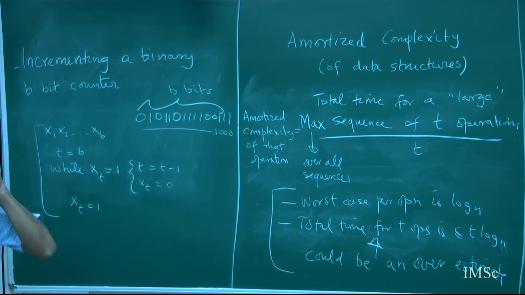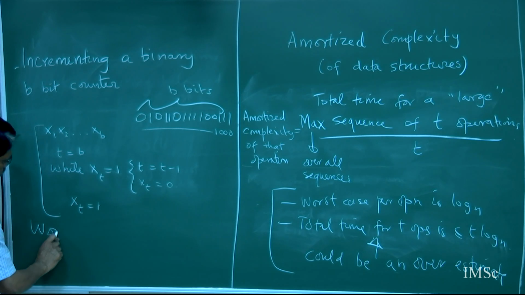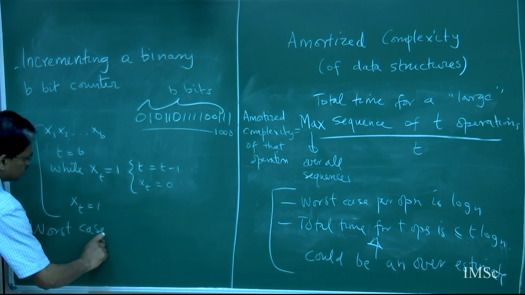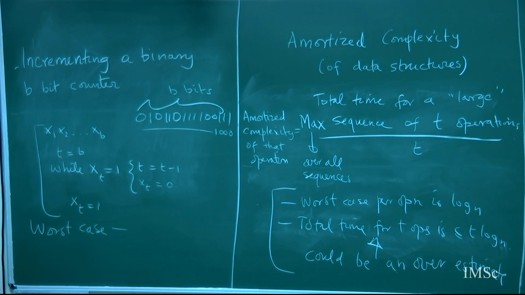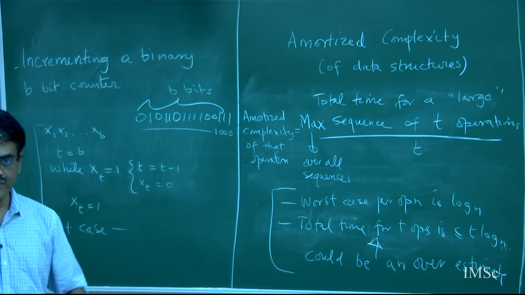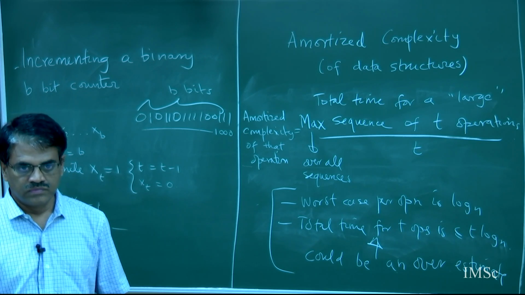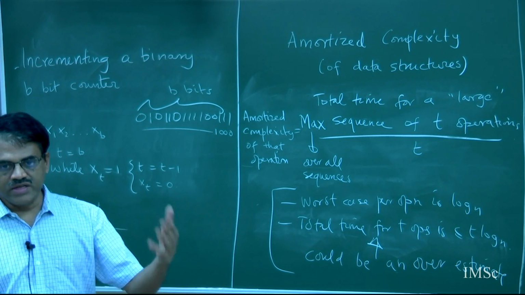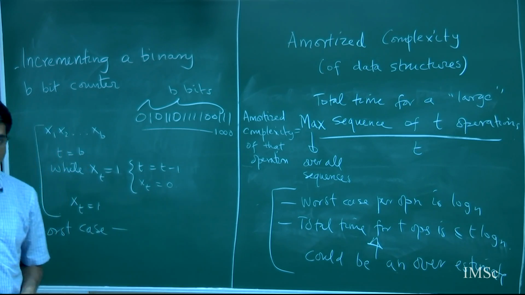Now, what is the worst case for an increment operation? Yes, it is B, because you might flip pretty much all the bits.